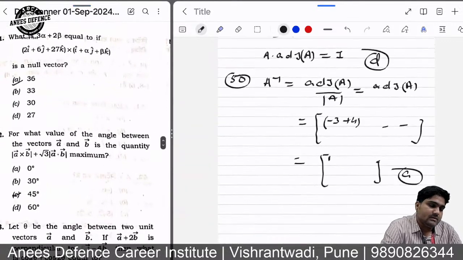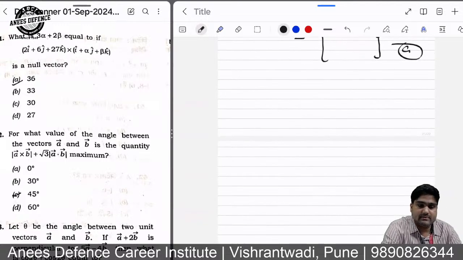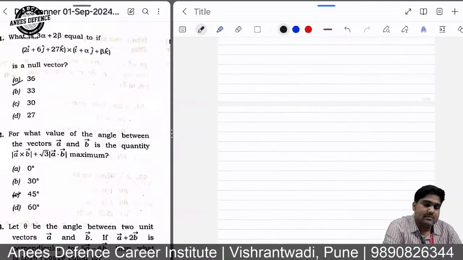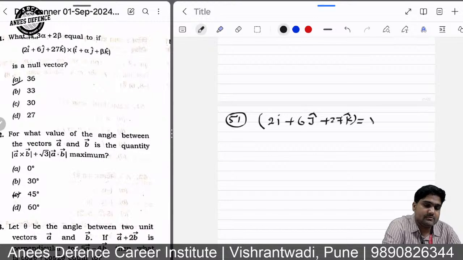51. Here it's given that the cross product of two vectors is the null vector. That means one vector is parallel to the other. If the cross product of two vectors is 0, then one vector is parallel to the other. So we can write one vector as a scalar multiple of the other, equal to lambda times of i plus, or the other way, we can take the ratio of the coefficients as the same, beta k.